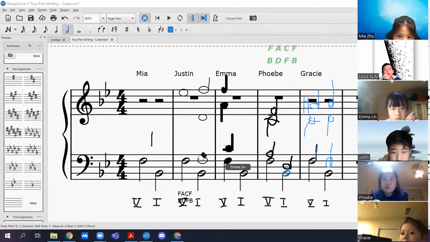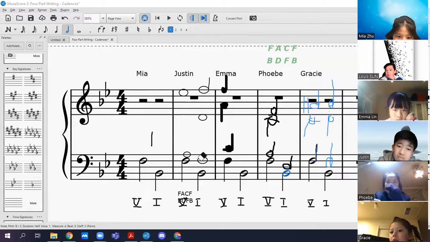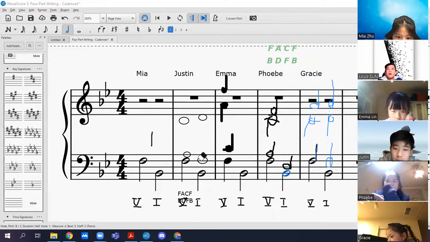Gracie, you don't need an A sharp there. We're not writing B flat minor, we're writing B flat major. Hey, Gracie, that's good.